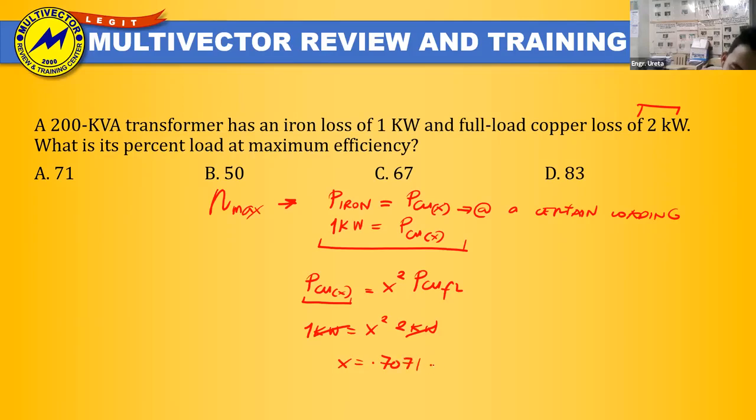Pag sinolve natin yan, lalabas our X is 0.707, or 70.71%. Kapag ni-round off niyo yan to the nearest integer, 71%. Kaya ang tamang sagot, letter A, 71%. Basta tatandaan nyo, with respect to the relation ng copper full load natin, copper loss at any loading X, ito lang yung formula ng gagawin.